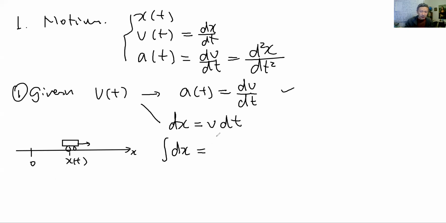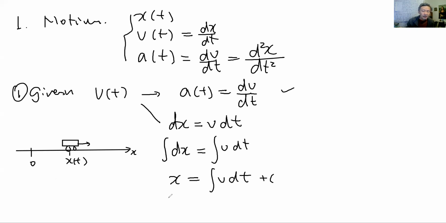Now in this case, if you integrate both sides with respect to dt, based on this function you can get x apart from the constant. So x equals the integral of v dt, apart from a constant. Then they will give you a proper condition to solve this problem.